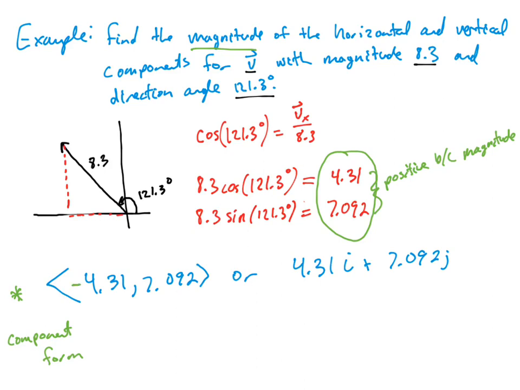So negative 4.31, comma, 7.092 would be that vector in component form, or negative 4.31i plus 7.092j would be the other way we can write it in component form. So we use i here to represent the horizontal component, and we use j to represent the vertical component. So we'll see vectors written in either of these ways.